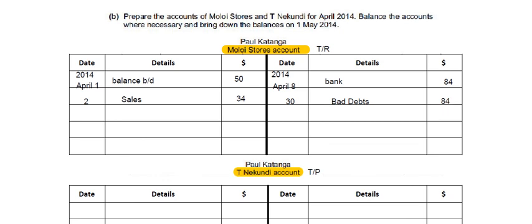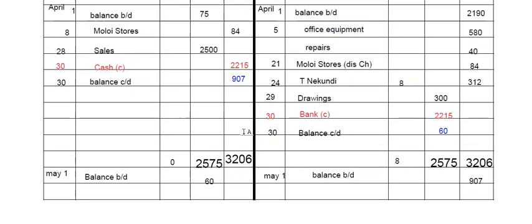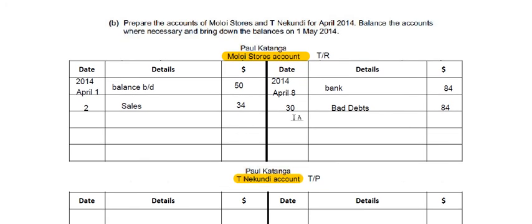We have made a mistake here. You should have noticed that we forgot to do the dishonoring of the check first. So 21st, and then we will do it. So let's delete this first, because we have to enter first the dishonor entry. So we'll just remove this.